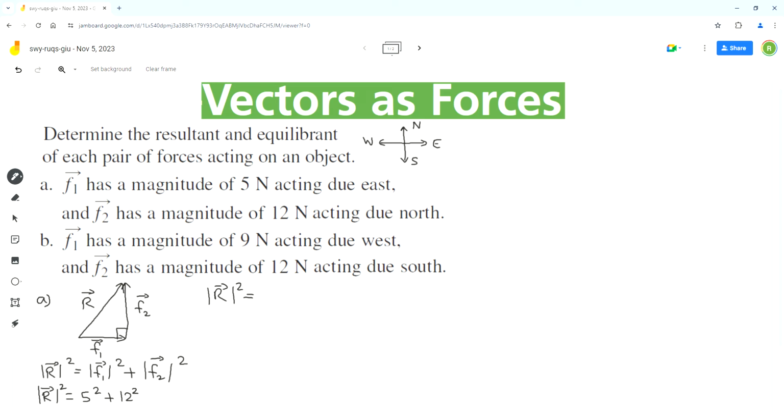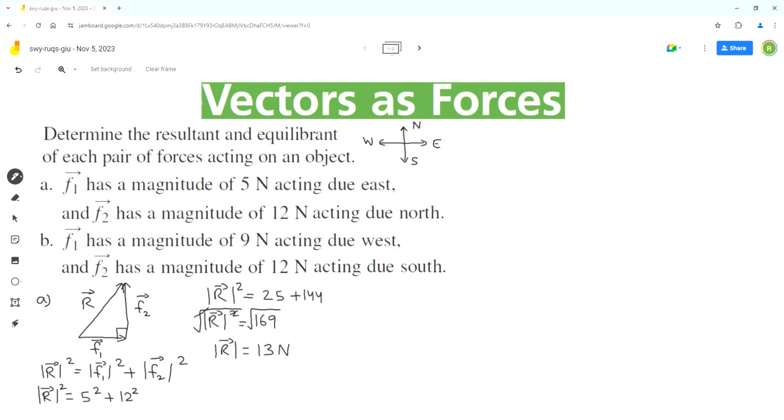Now 5 squared equals 25 and 12 squared is 144. And their sum is 169, and we can apply square root to both sides. And square root of 169 is 13, and the unit is newtons. So that's the magnitude of the resultant of F1 and F2.